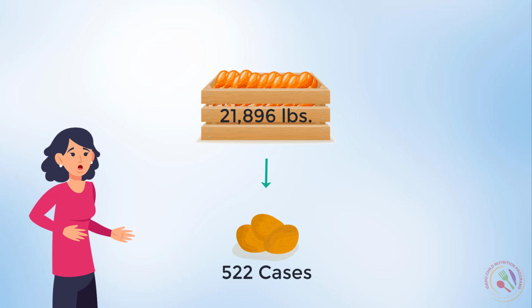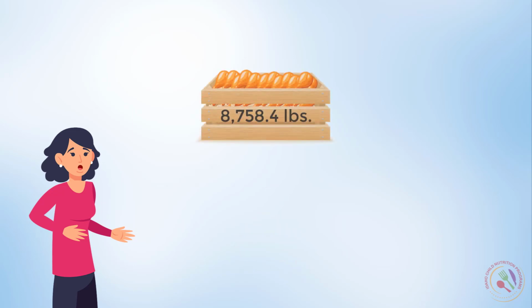for the school year. Because the chicken is split between dark and white, she has 8,758.4 pounds of dark meat available, producing only 209 cases rather than the 522 cases she wants.